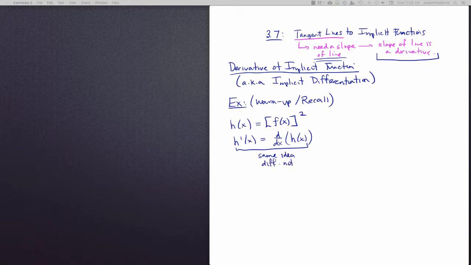So if we want to find the derivative of this function, we need to recognize that there is a chain rule involved. There's an outer function squared. So when you take the derivative of the outer function, you take the derivative of the squared function with the power rule. And then there is the derivative of the inner function. The inner function is f of x. So the derivative of the inner function is f prime of x. Okay. So here is the derivative h prime of x, and you're done.